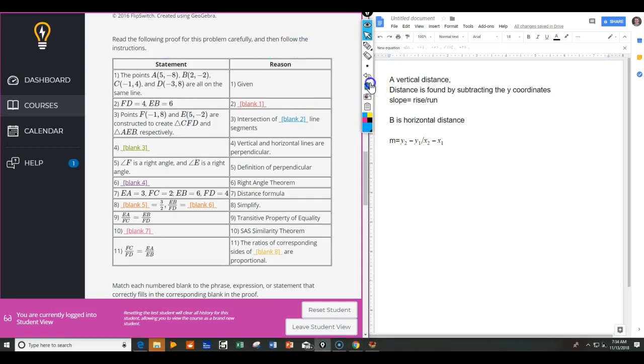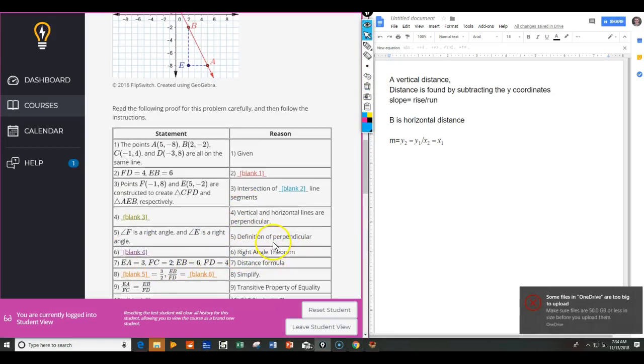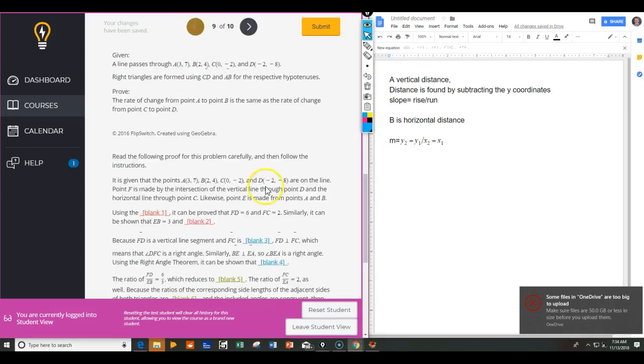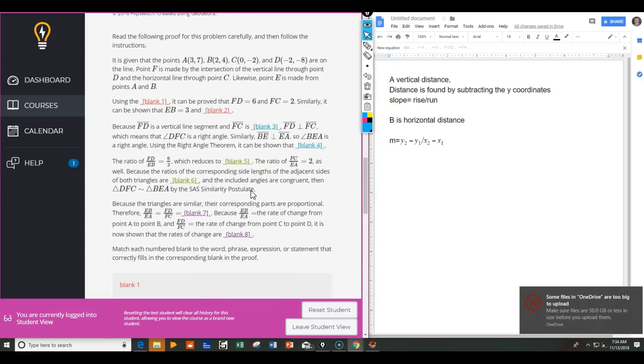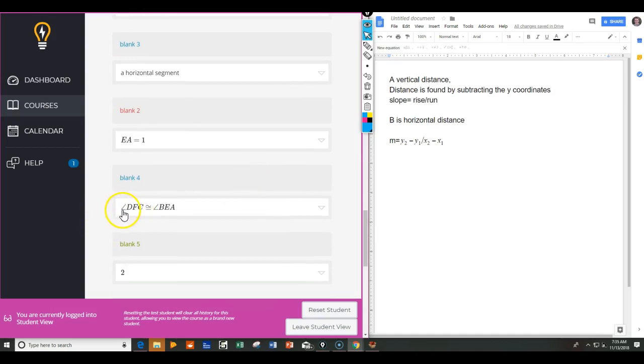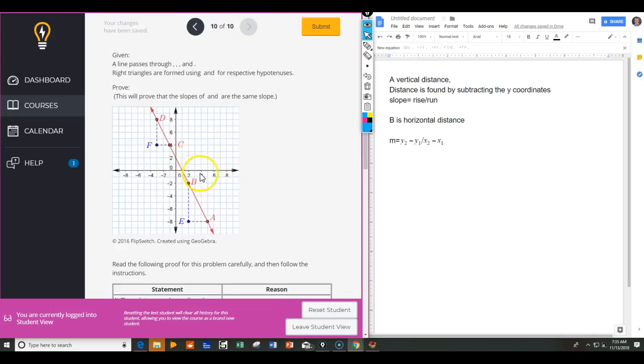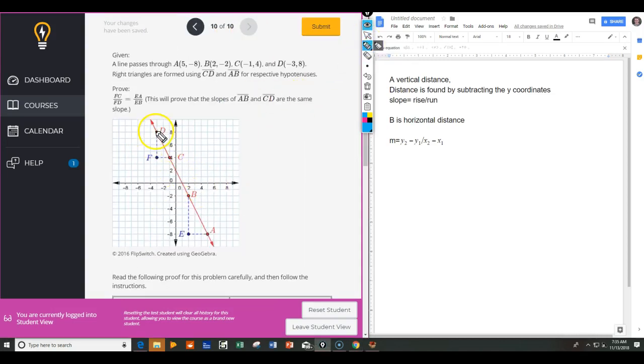So now going back to blank 4, blank right angle theorem. So again, if you aren't remembering it, we did see right angle theorem here. So using the right angle theorem, it can be shown blank. Using that theorem, we showed that those two angles were congruent. So I'm going to go back and I'm going to be looking for what those two angles are. That angle is DFC.